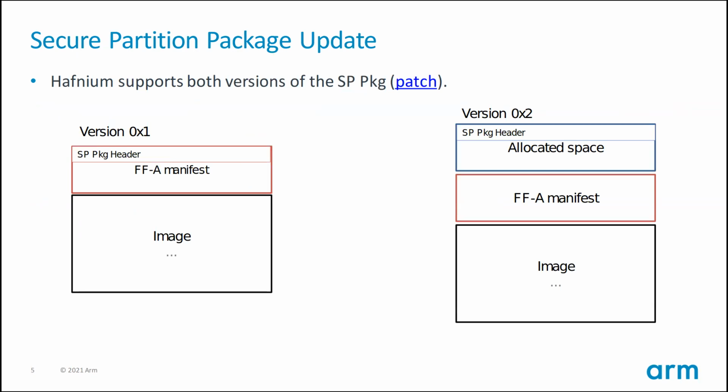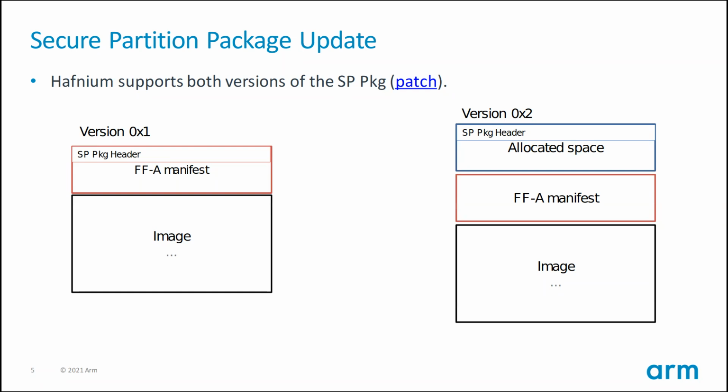Having a closer look at the secure partition package first. On the left, you have version 1, which is the version that we were using up to this point. With this version, the secure partition package header and the partition manifest were packed subsequently in the same memory region, in the same block.